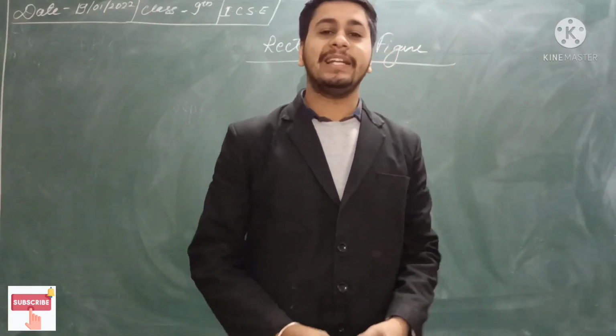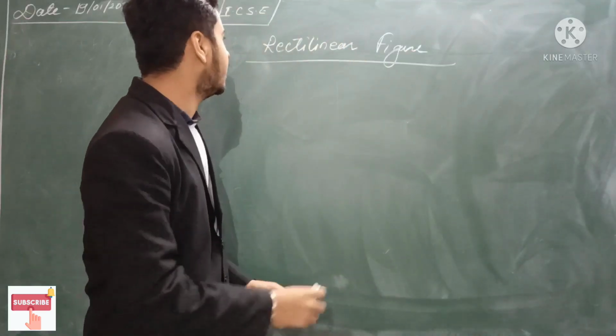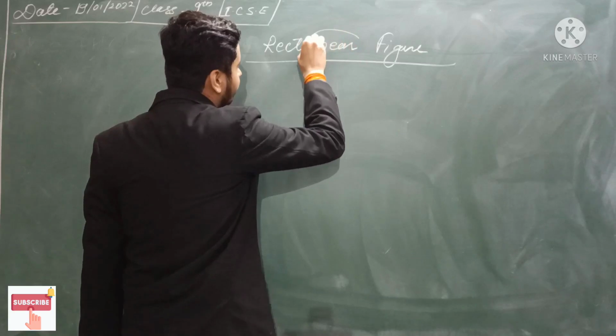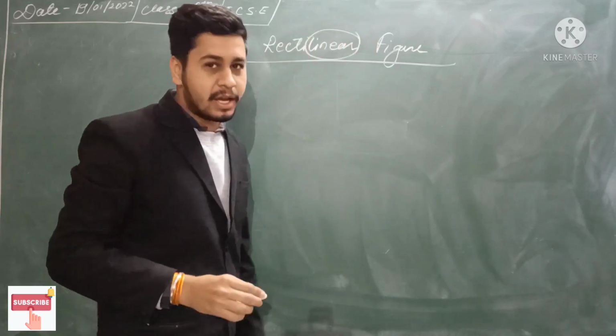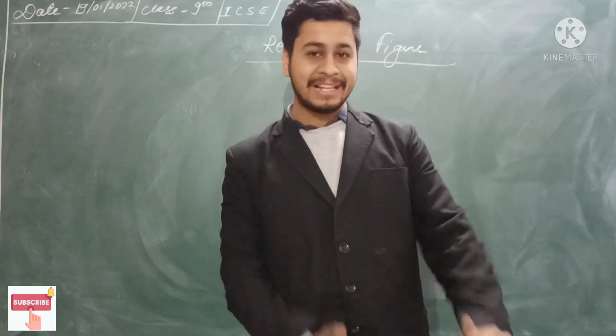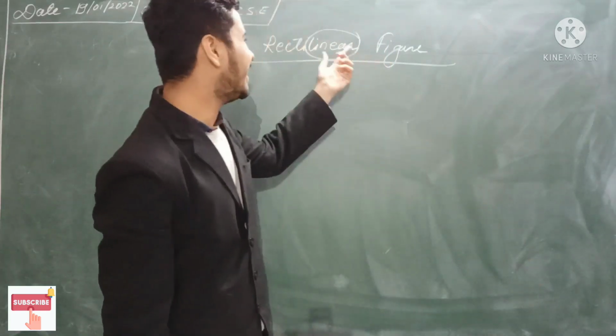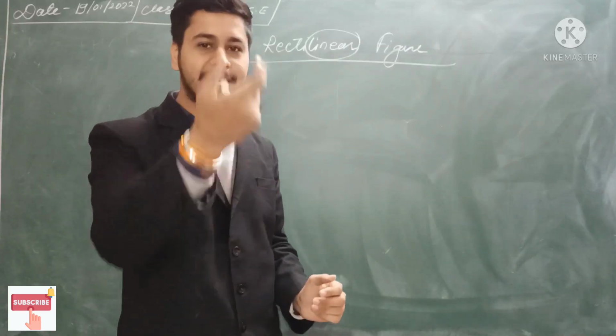So what do you mean by rectilinear figures? The word is rectilinear. As you can see, the word linear is in it, and as we have dealt with linear equations in the algebraic part as well as in the graphical part, we know that linear means particularly a line.